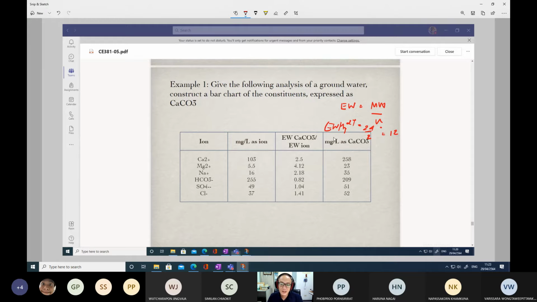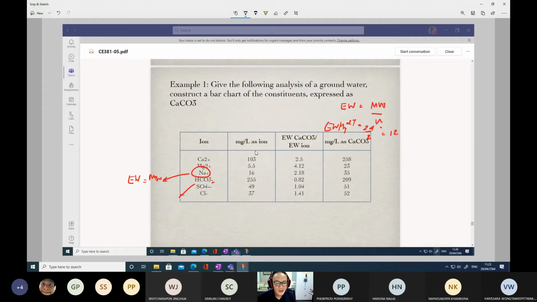I'm talking about the equivalent weight. And what about sodium? For sodium, N is 1. So in this case, equivalent weight is equal to molecular weight. Sodium's is 23. Equivalent weight is also 23. For bicarbonate, it's just 1. So the same as sodium, equivalent weight is equal to the molecular weight.